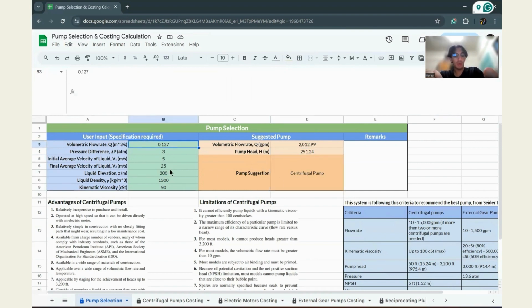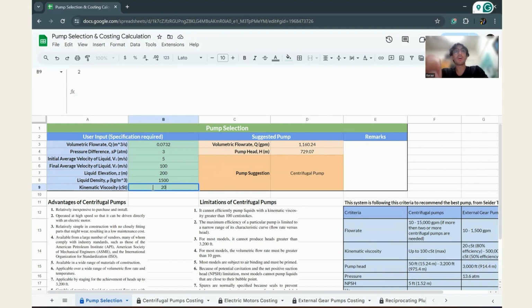While if we try to decrease the flow rate a bit to 0.032, and we keep the pressure difference the same, but we increase the head basically by increasing the velocity. Now we increase the pump head already, and we can also increase the kinematic viscosity to more than 100.